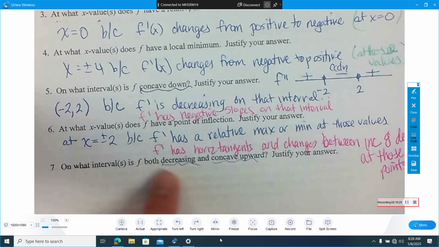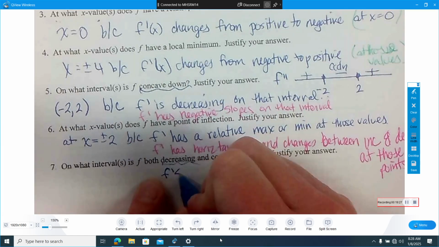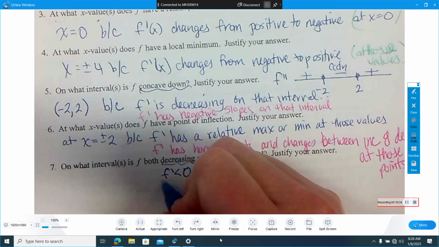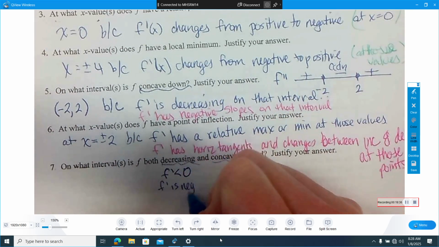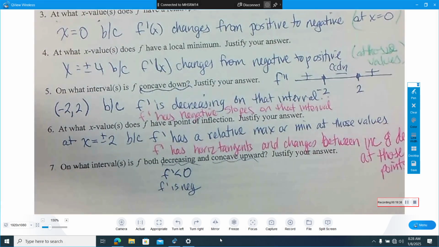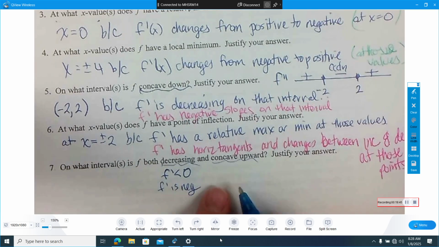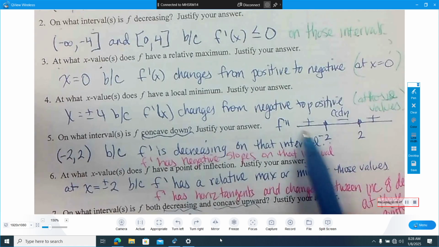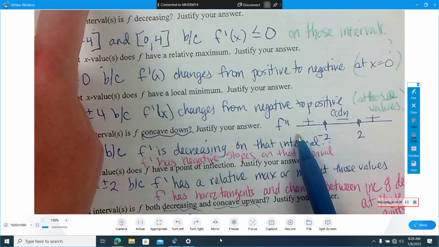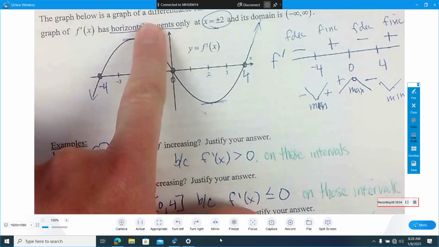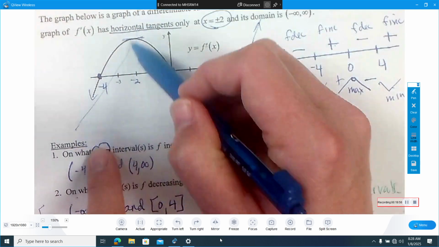All right, let's look. So to be decreasing, we know that f prime has to be less than 0. So looking at our picture, we would see where it's negative, below the axis. And to be concave up, we know from my sign chart before, I was concave up from negative infinity all the way to 2.